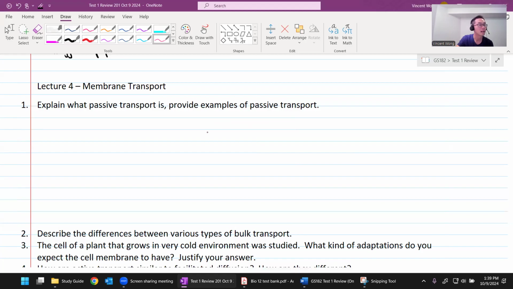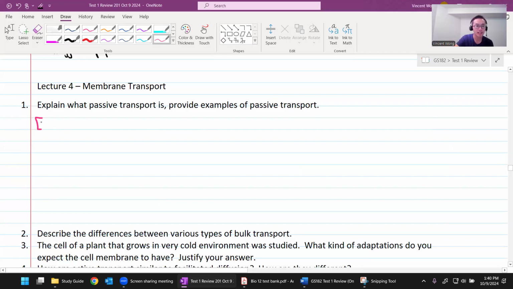Is it the whole chapter or from lesson 1 to 5? I will post the information online as well, but the test will be lecture 1 to 5 and the lab. Everything we've done up to this point. It's all multiple choice. This time there will be no labeling, no short answer either. Oh, okay. Thank you. No problem.